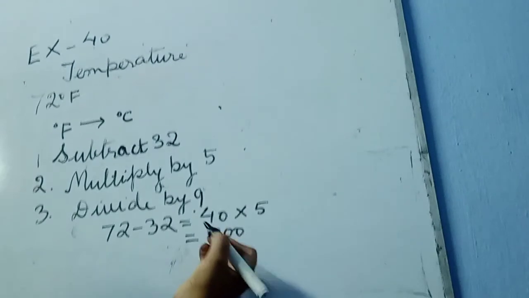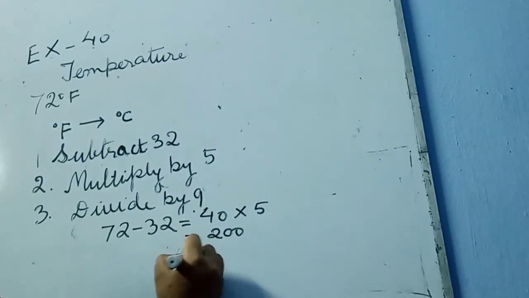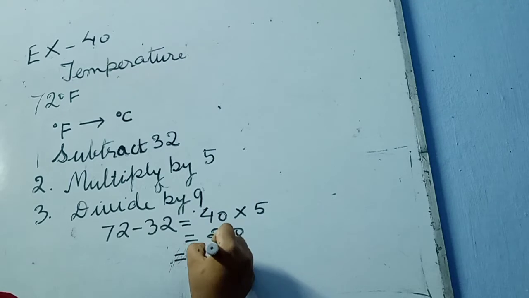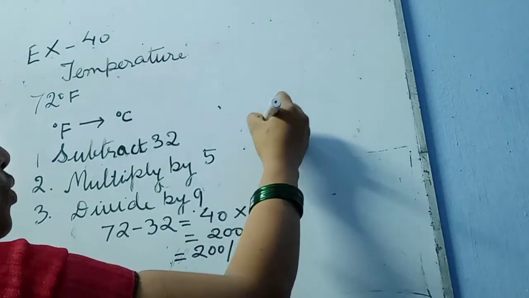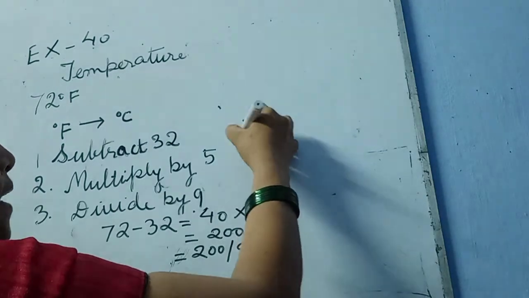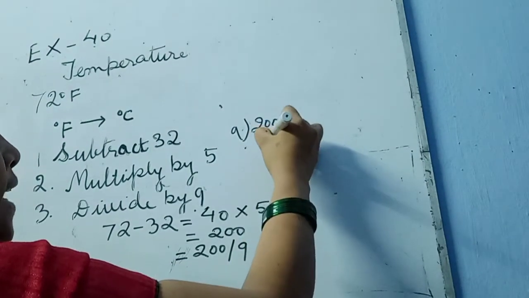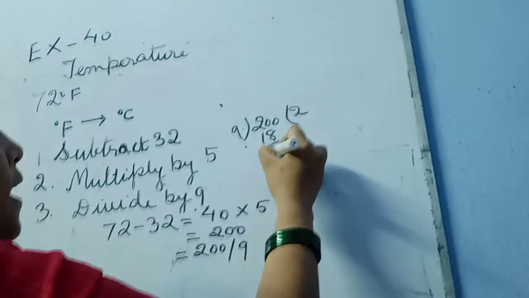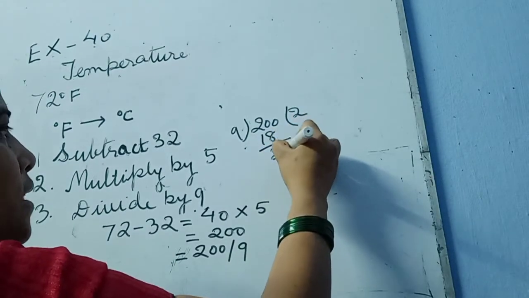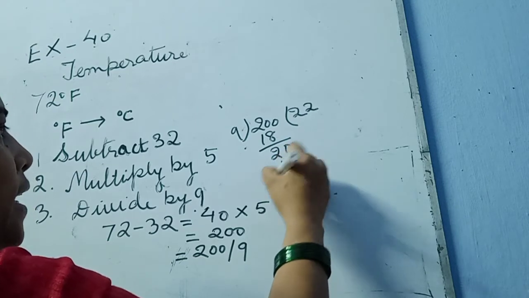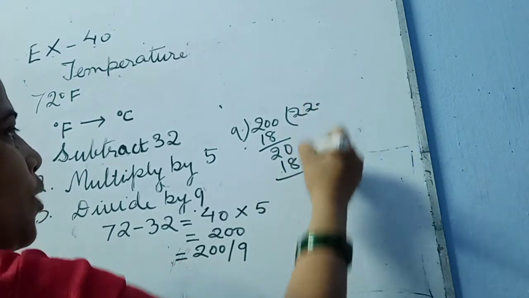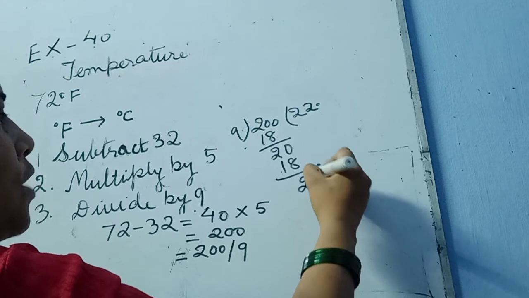Now this 200, we have to divide by 9. What do you find? 9 twos are 18. 2, again 2, then bring the 0 down. 2 times 18 we find. Again, now we have to put a point, because now this 2 is not divided.